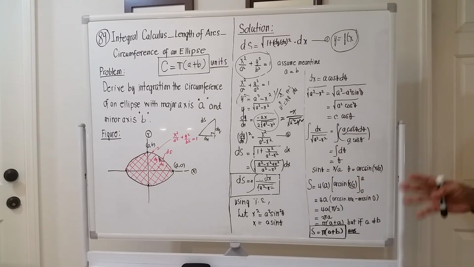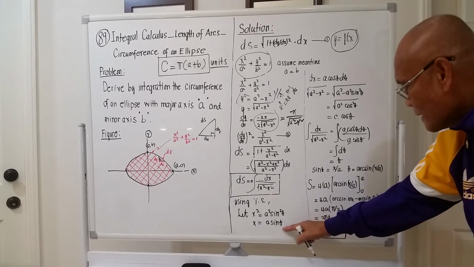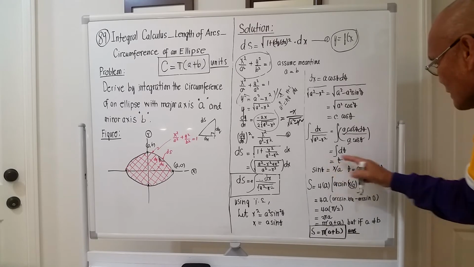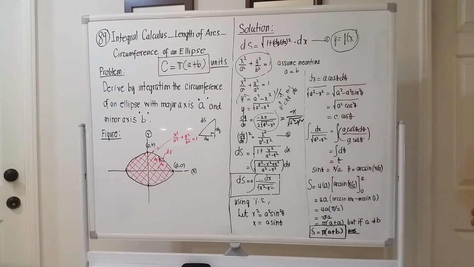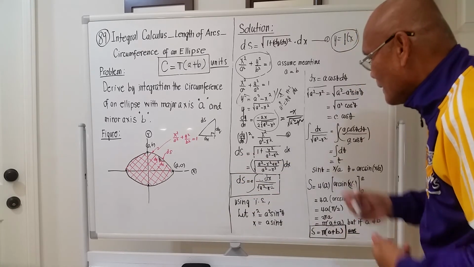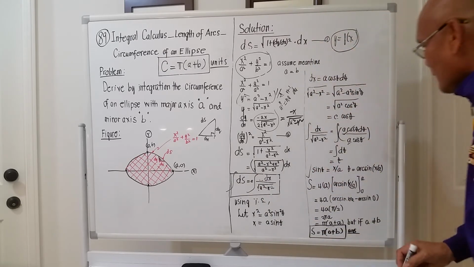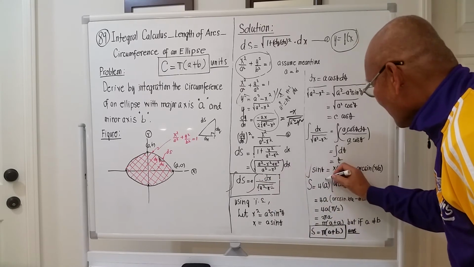Okay, let's try to express theta in terms of x. So from sine of theta, which is actually x over a, theta will be arc sine of x over a. So if we will now try to go back here, the integral of the differential length of arc is just s equal to, we got an a over here, this is a.